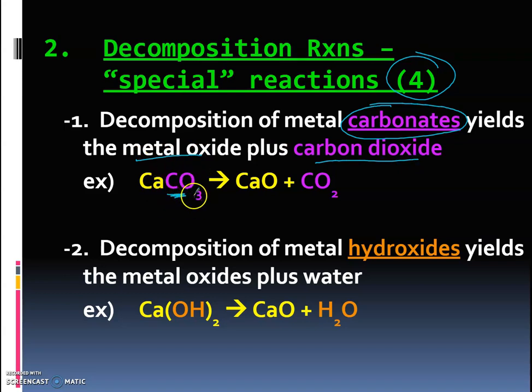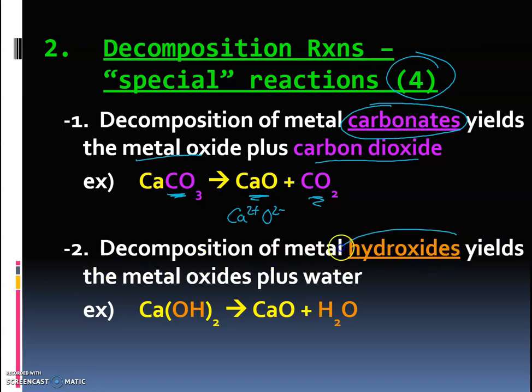Since carbonate looks like the most common gas that you know, CO2, take out the CO2 and then form the metal oxide. So CaCO3 breaks up into CaO, which is Ca2+ and O2- together, and CO2. So that is your carbonate.